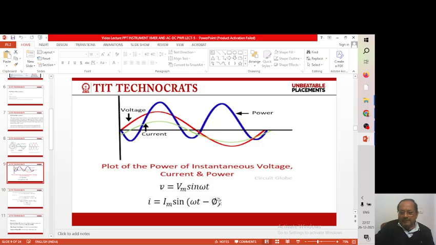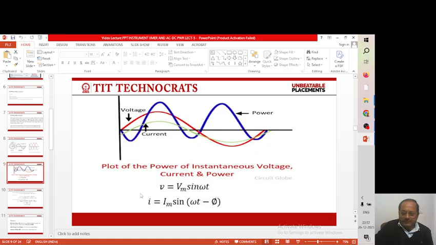This phi is the phase angle, the phase difference between the voltage waveform and the current waveform. So this is the equation of voltage and current in a single phase AC circuit.